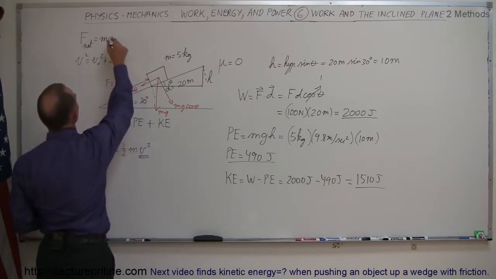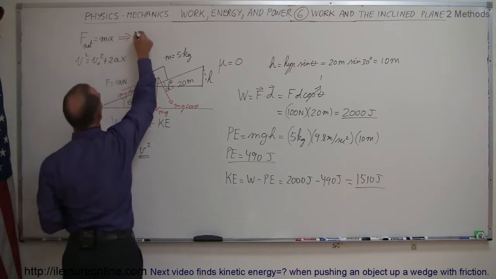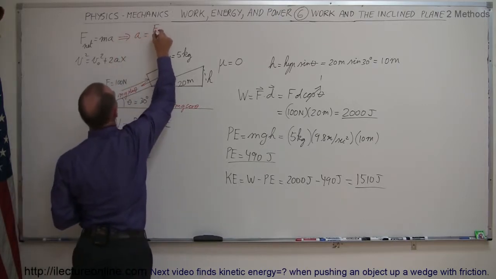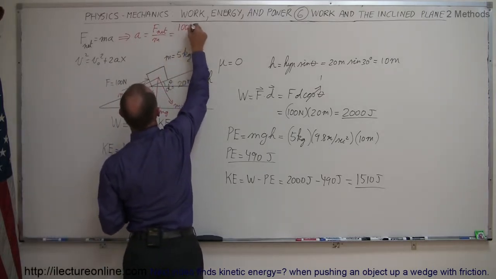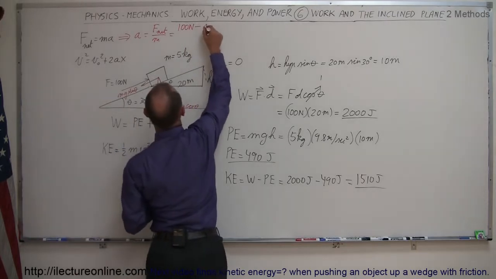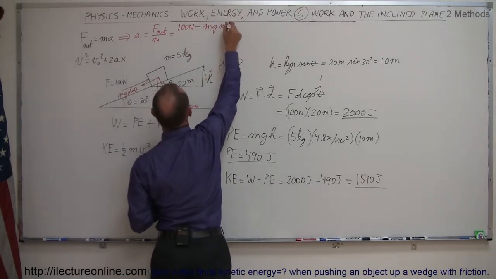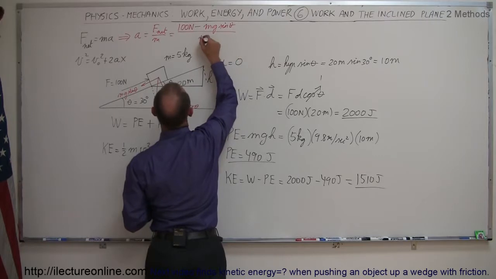So calculating the acceleration that way, we can say that the acceleration is equal to F net divided by the mass of the block. So F net will be the 100 newton force applied to the block minus the mg sine theta, all divided by the mass.